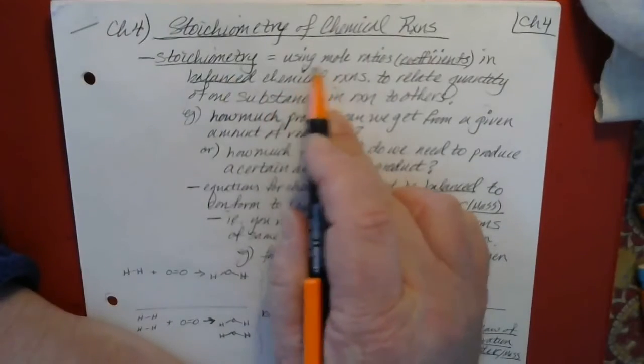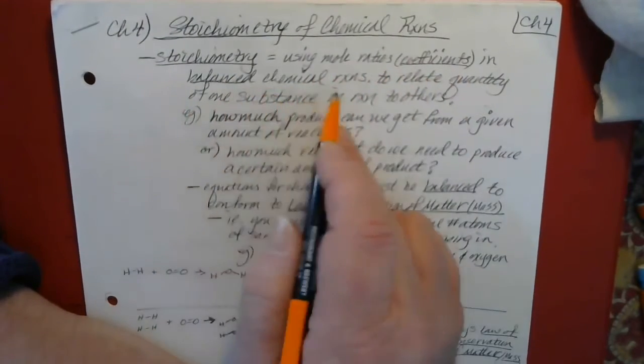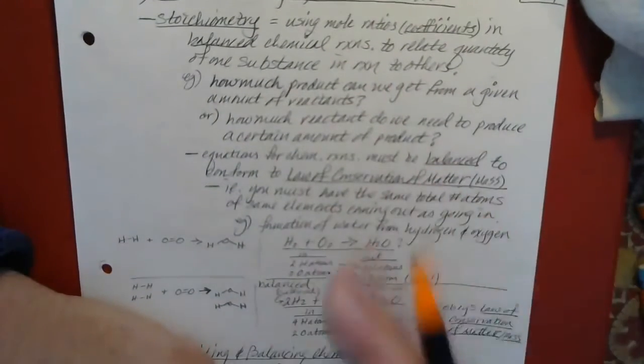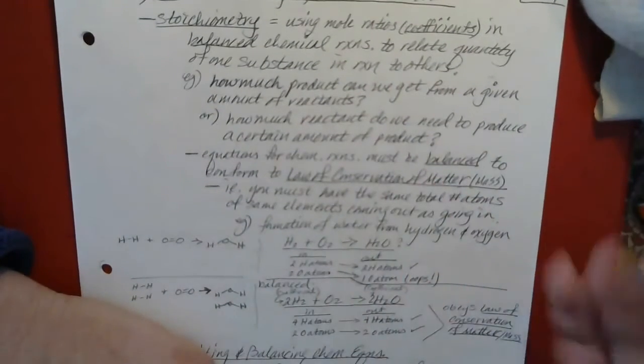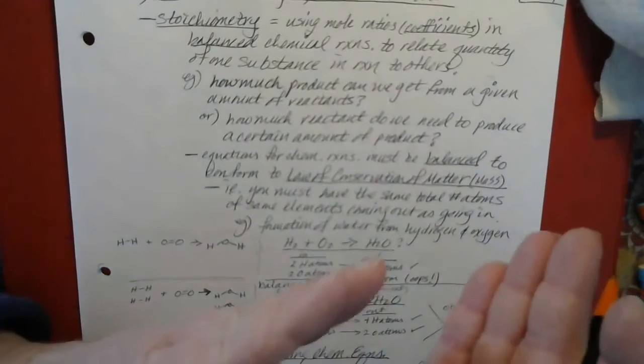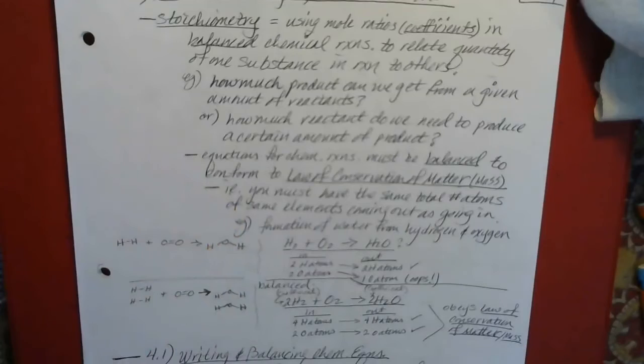Specifically, it's using mole ratios or the coefficients in balanced chemical reactions in order to relate the quantity of one substance to another in a reaction. So, for instance, if we want to produce this much product, how much of the reactants do we need to put in?